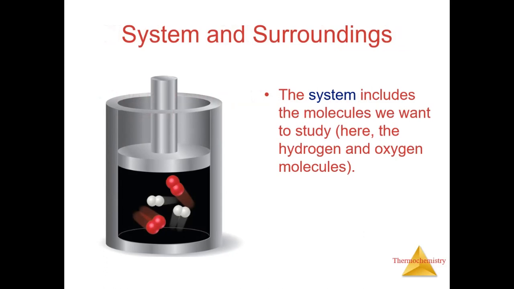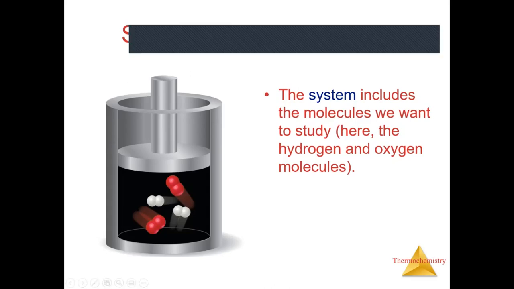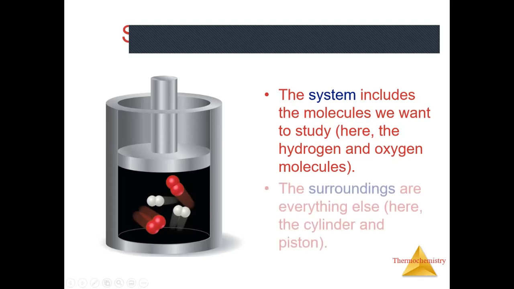The surroundings means everything else in the universe except the system. If we're talking about this piston with oxygen and hydrogen molecules, the system includes the chamber and the oxygen and hydrogen molecules inside. The surroundings is everything outside of this piston.